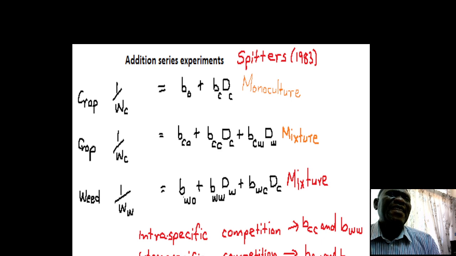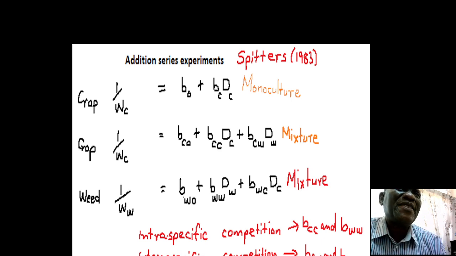If it is interspecific competition where we have two species, it will be BCW from the second equation. In the third equation, it will be BWC. I hope you are seeing those small letters.